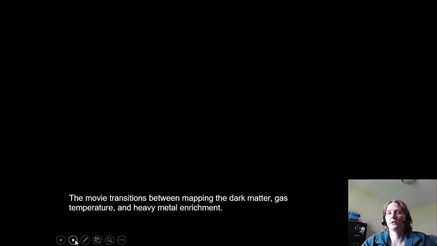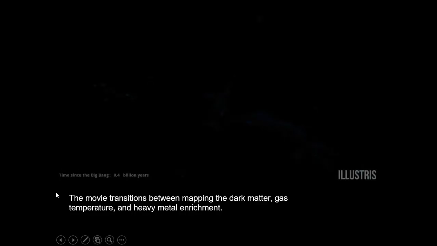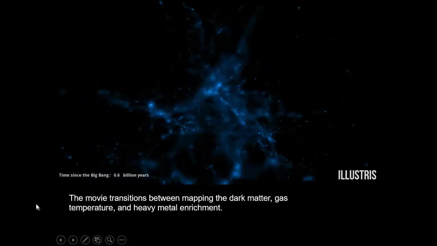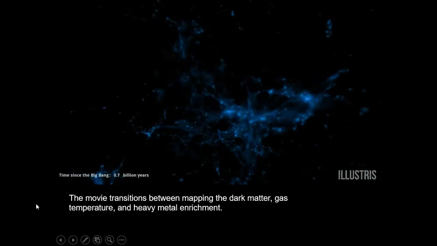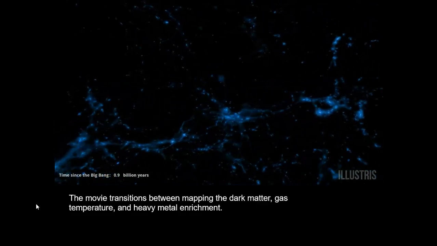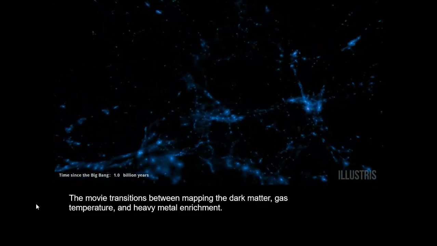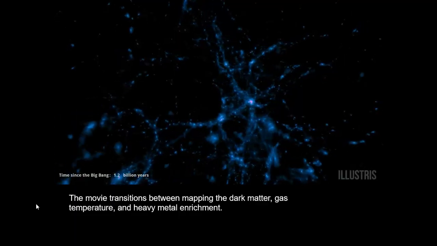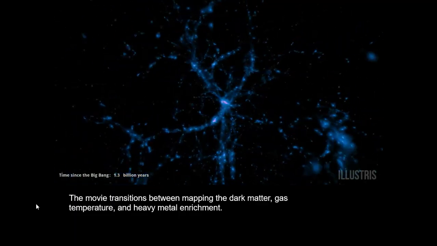Here is a much more modern simulation that took supercomputers. It's called the Illustris simulation. Notice the clock down here. The different colors represent different mappings. Like maybe we're watching how the dark matter is clumping up, or watching the temperature.